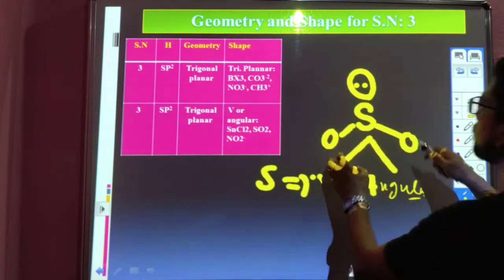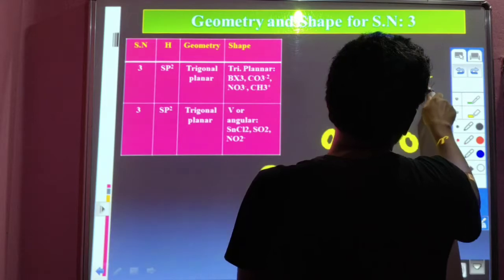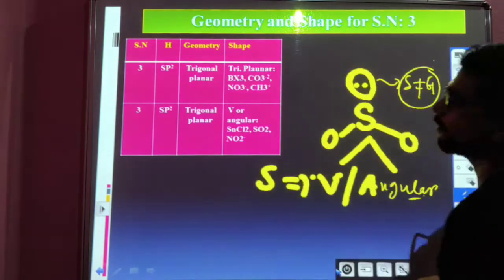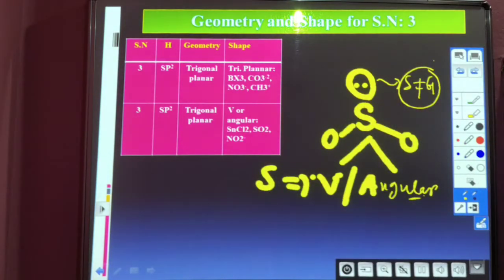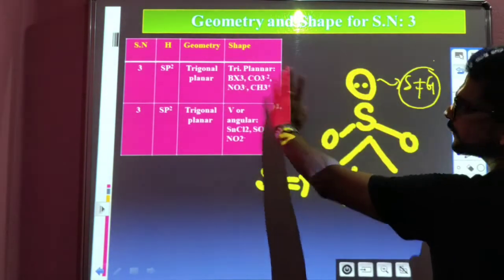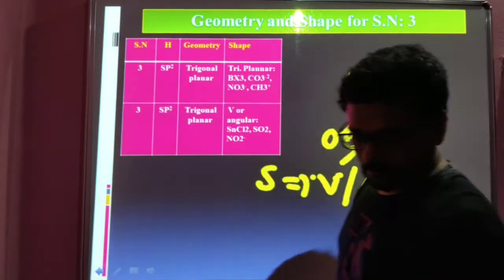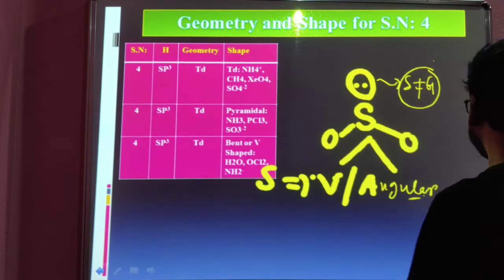See here, due to this lone pair, the shape is not equal to geometry. Don't look at this one while writing or looking at the shape.